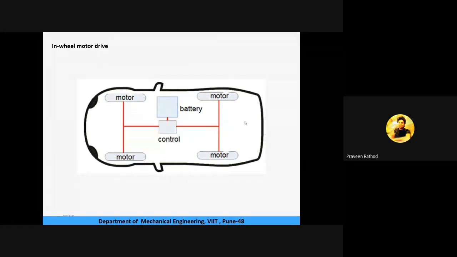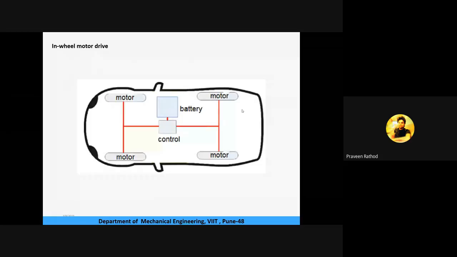Okay, so when we talk about energy efficiency, over here the in-wheel motor is integrated into the vehicle wheel. It eliminates all the mechanical gearing systems, differentials, each and every thing over here will be eliminated. So the in-wheel motor can be used with a transmission, or without a transmission also, depending on the type of application.